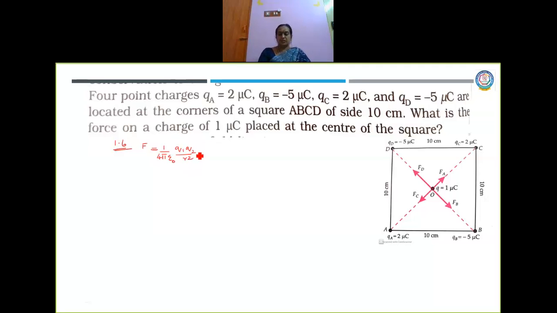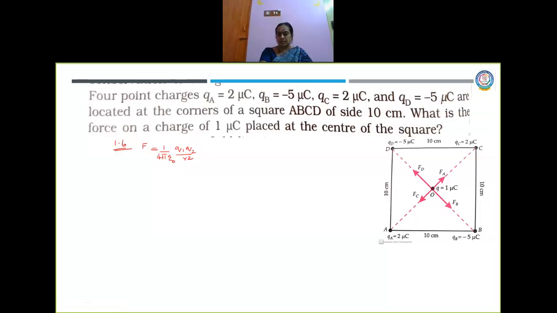Now I have two charges, Q1 Q2. 1 by 4 pi epsilon naught, I know it is 9 into 10 power 9, but I need to substitute for R square. Now R is the distance between these two charges, that is, the AO distance has to be found out, which is R. So how to find out the distance AO?